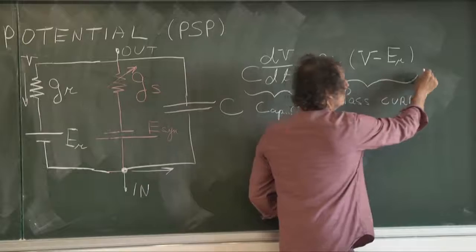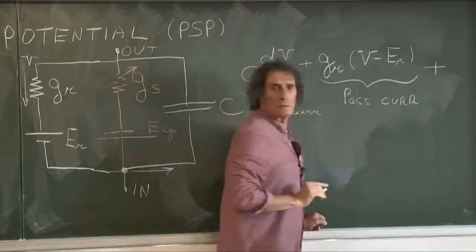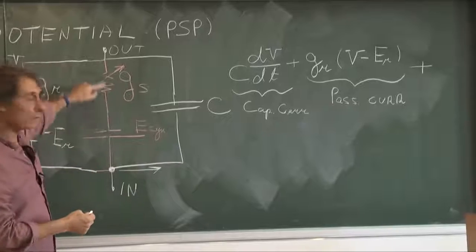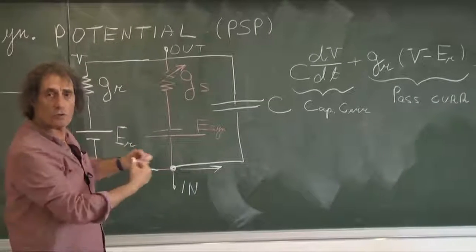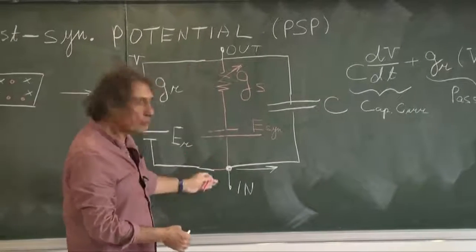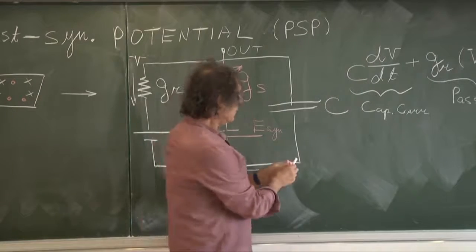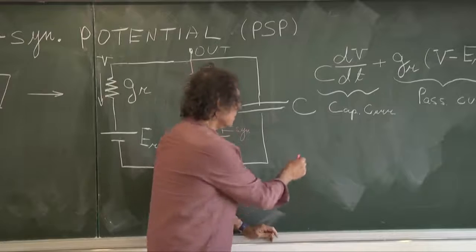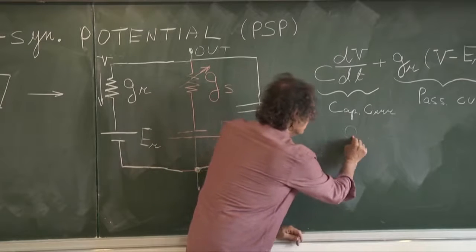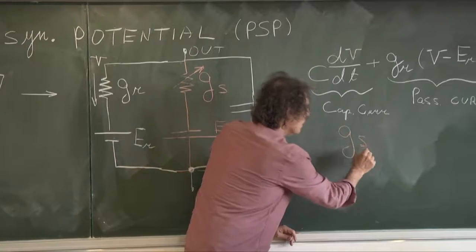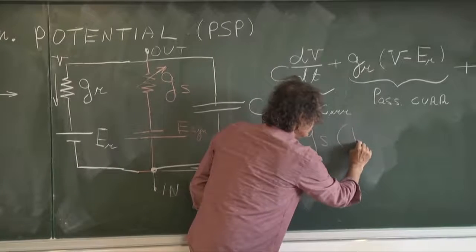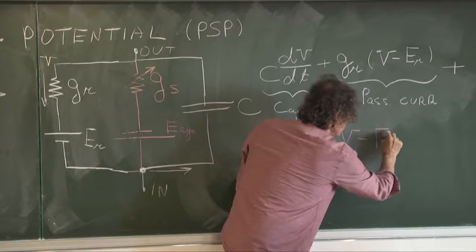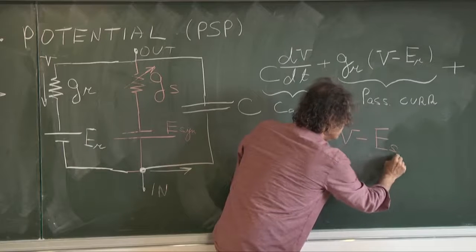But now you have a new current. This is the red current, the current that flows through new channels that are being opened. And it's exactly like the passive current, but in this case it's the synaptic current: G synapse, multiplied by the difference of voltage, V minus the synaptic battery, E synapse.